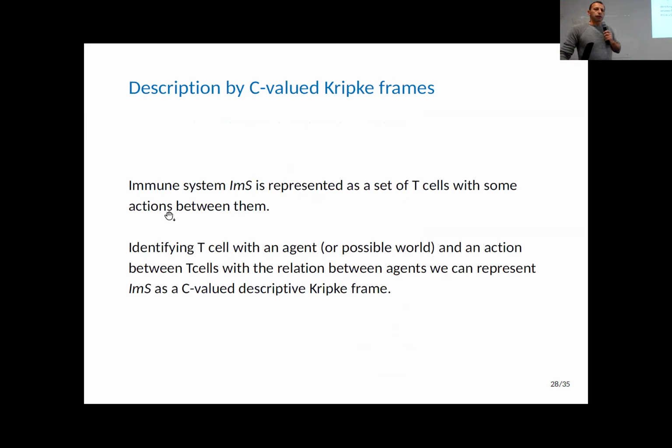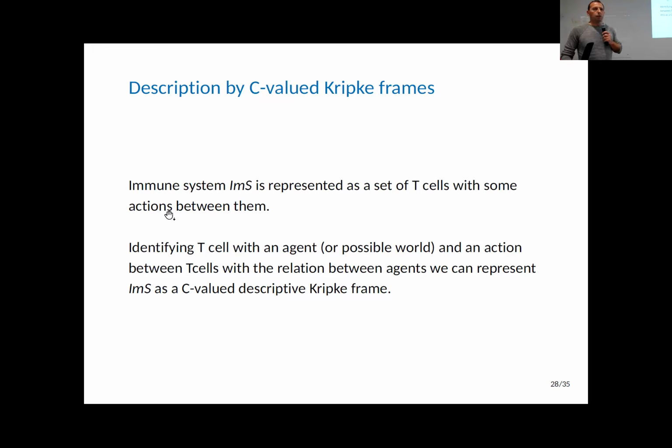So in hindsight, we want to represent the immune system as a set of T cells with some actions between them. So the T cell will be an agent, and the actions between those are the relations between those agents.